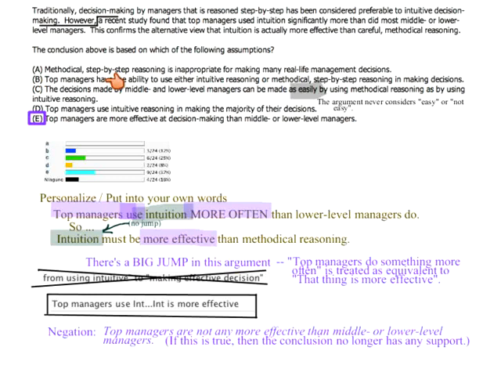Even if you have that, it doesn't destroy the argument. Even if the executives are using intuition because they have to, if it's more effective, it's still more effective. So choice B seems like a very reasonable thing. But even though it's perfectly reasonable, it's not necessary to the argument. You don't need to assume that these people are actually choosing freely between two.